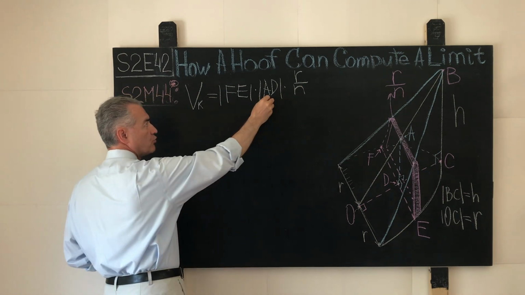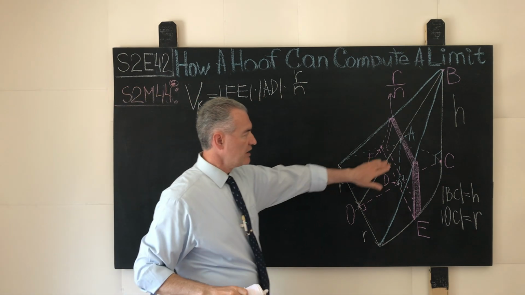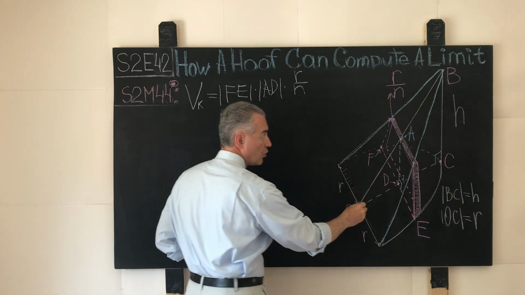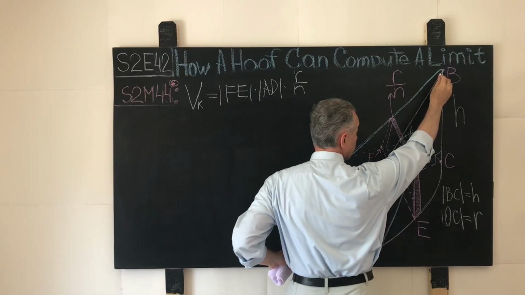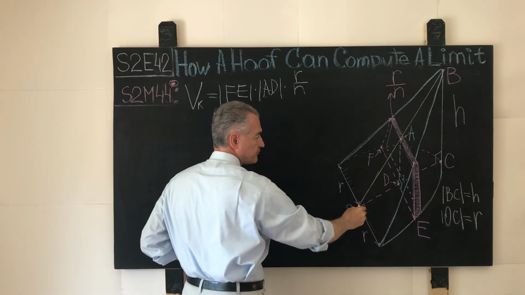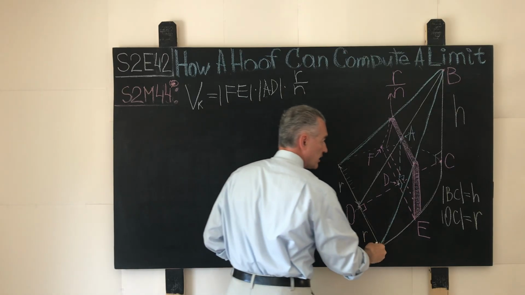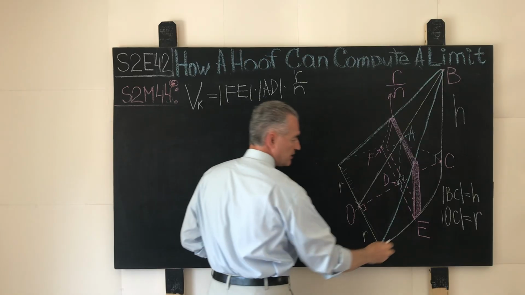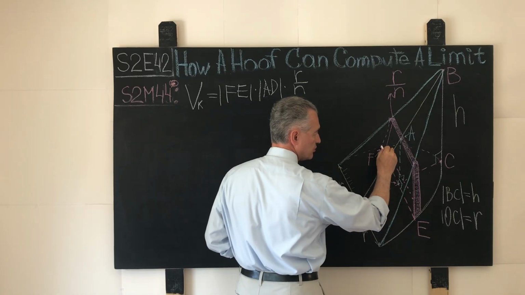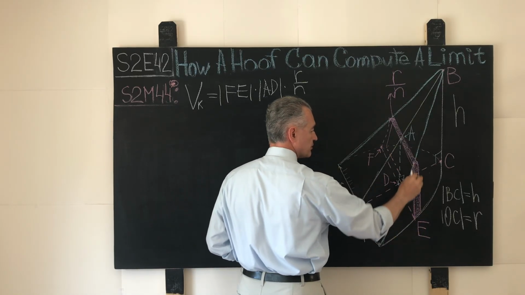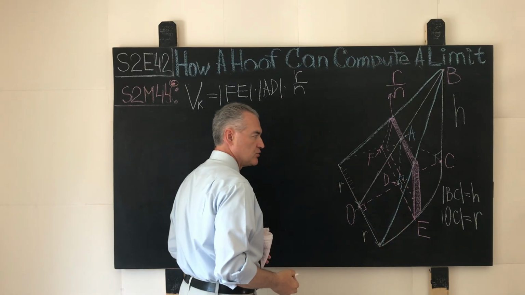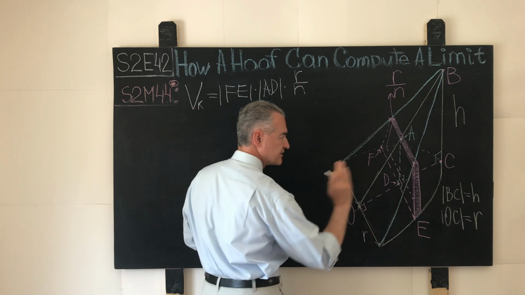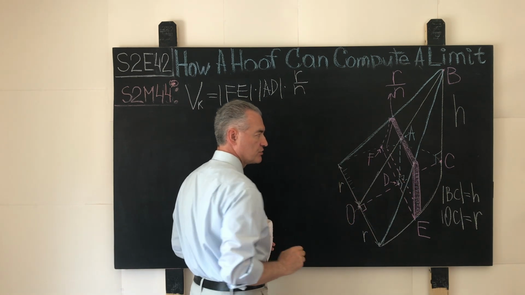Now, where did the point A come from? The point A came from the following construction. When we connect the point O with the point B, we get the major semi-axis of the elliptic boundary of the plane of the hoof. And then remember, from the point E and from the point F, we erect the perpendiculars to the plane of the base. These perpendiculars will actually belong to the side of the generating right circular cylinder.